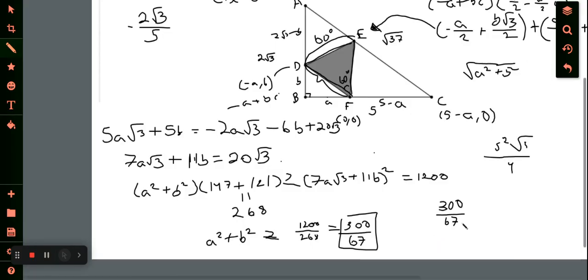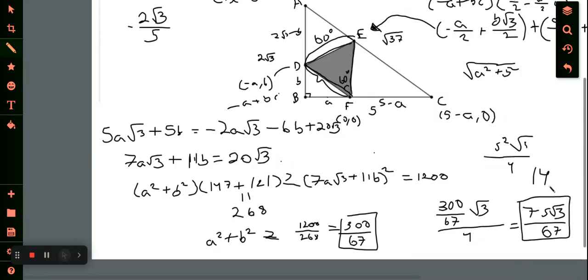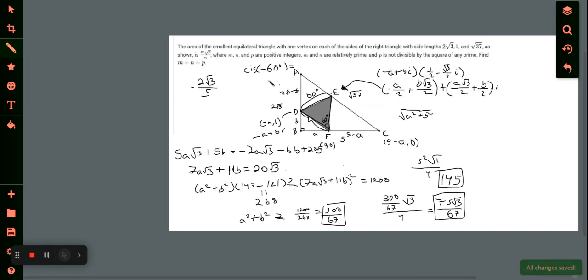So 300 over 67 times root 3 over 4 gives us 75 root 3 over 67 as the area of the equilateral triangle. And the answer is 145. And just like that, we solved the last problem in the AIME with simple complex numbers. And that is going to be it for this problem solve. Thank you for watching.